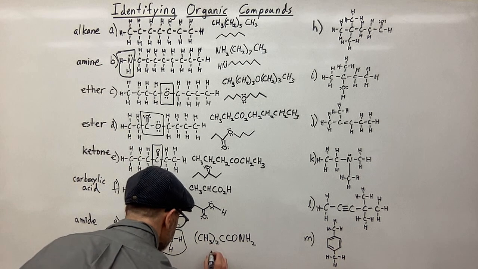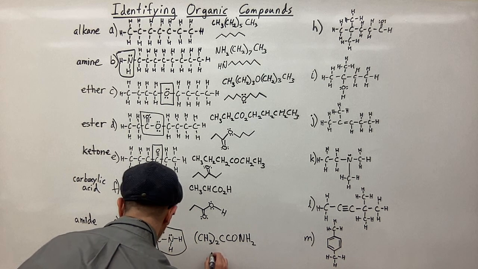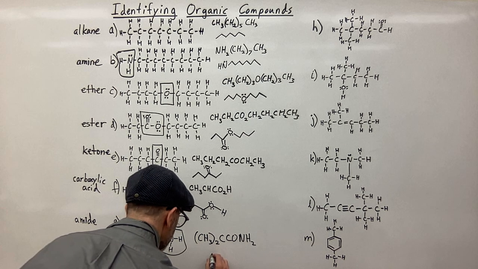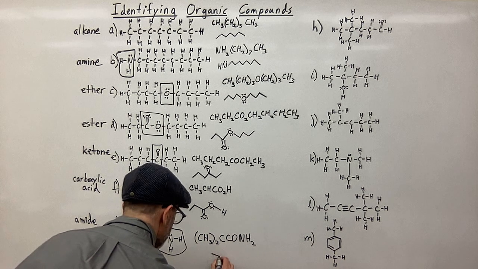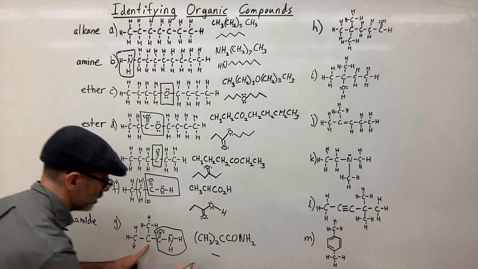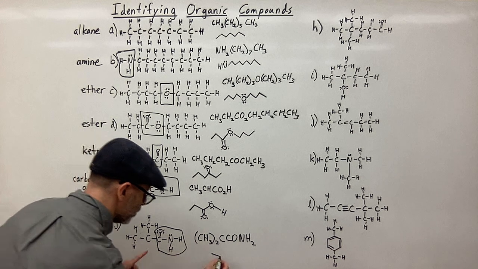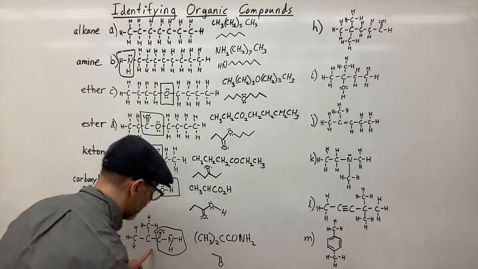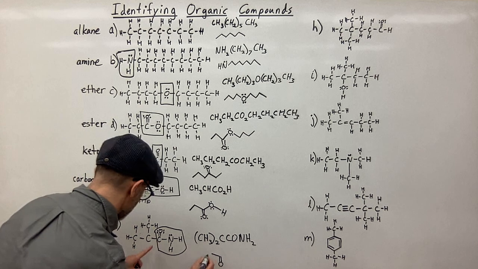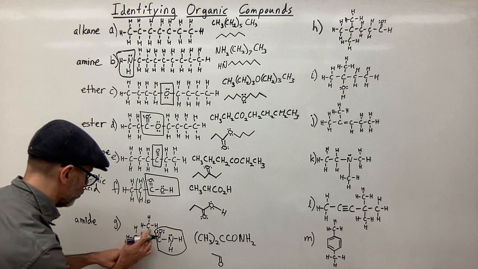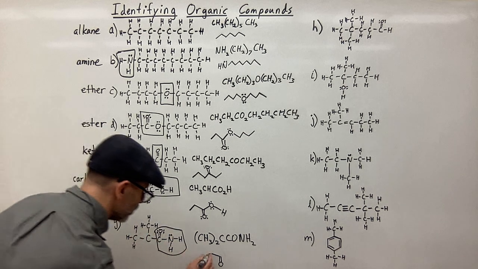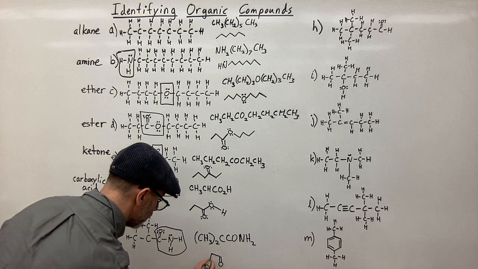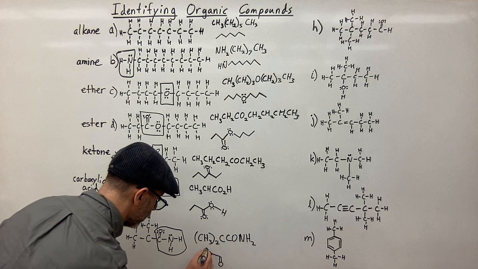So here we've got our carbon. So this carbon is bonded to this carbon, so we'll have that. And so that's bonded to an oxygen. And then this carbon is bonded to 2 carbons that are branched from each other. So this one would be this way and this way.